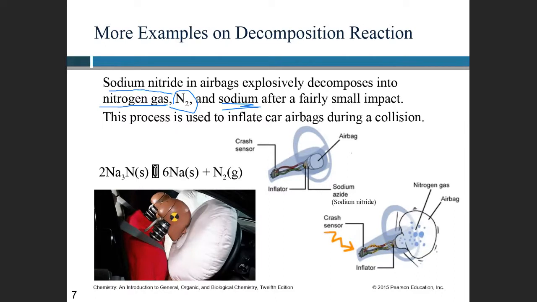If I have sodium nitrite, this is the arrow, which separates the reactant side on the left from the product side. So the sodium nitrite decomposes to give solid sodium and nitrogen gas, and the nitrogen gas is the gas which will fill the airbag. So this type of reaction is called a decomposition reaction.